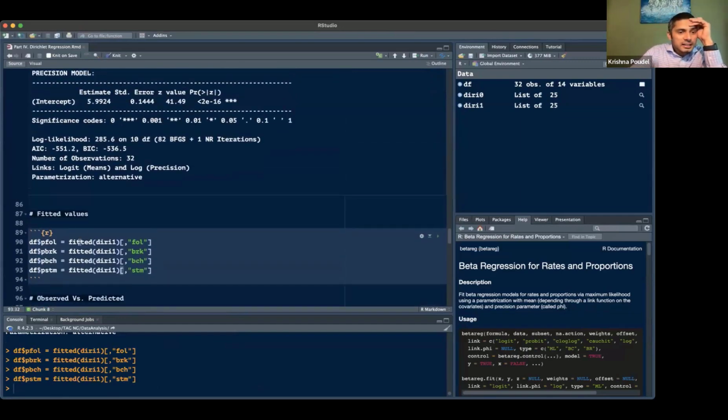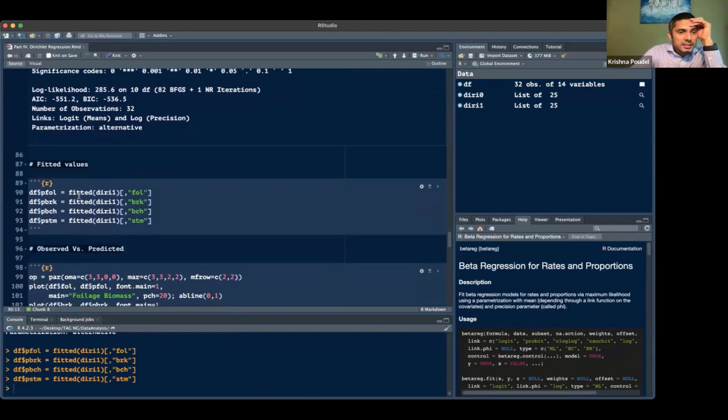Once we get that, getting predicted values is the same as in the linear regression model. We use fitted values. What's slightly different is that we have 4 components, so we have to specify which component we want.